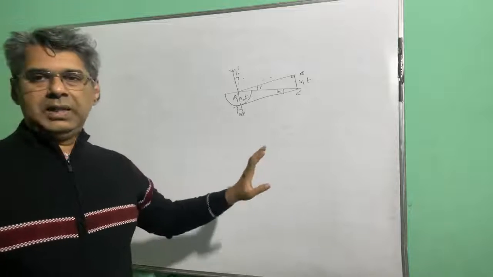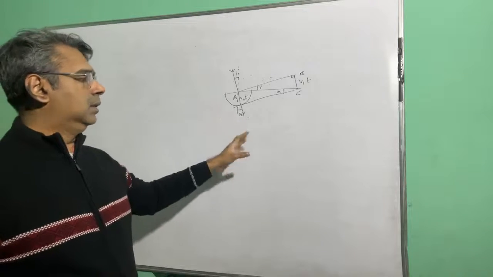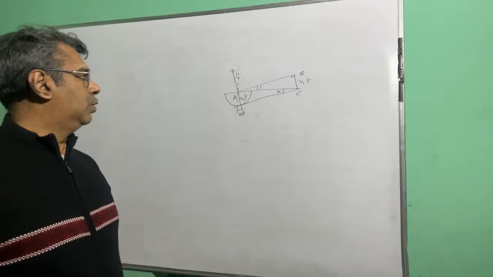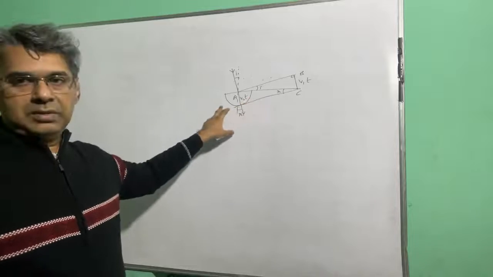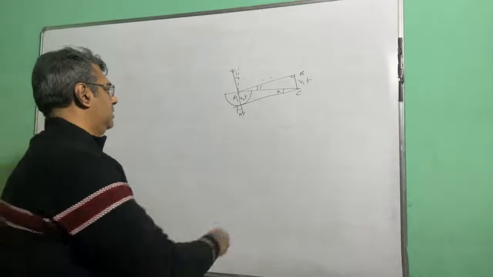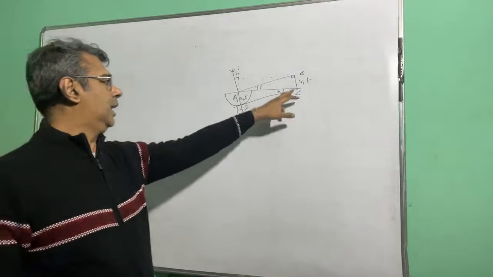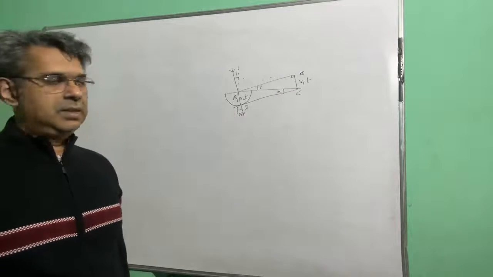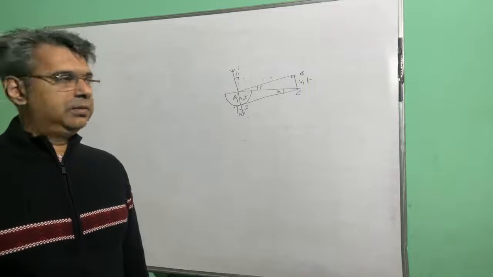Now the refracted wavefront, how do we get it? From the point C, you draw a tangent to this wavelet. Suppose the tangent is CD. Then automatically CD becomes the refracted wavefront.